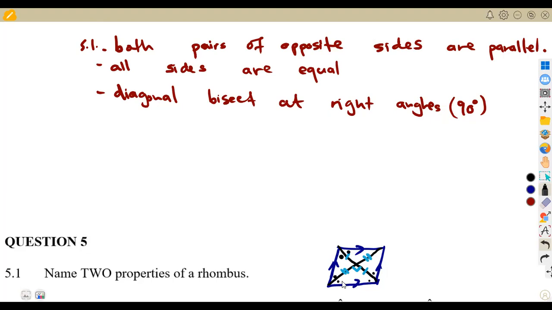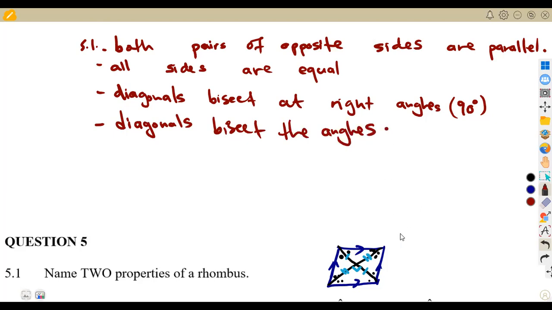So the same diagonals that bisect each other, they do bisect the angles also. The angles are being divided into two equal parts.